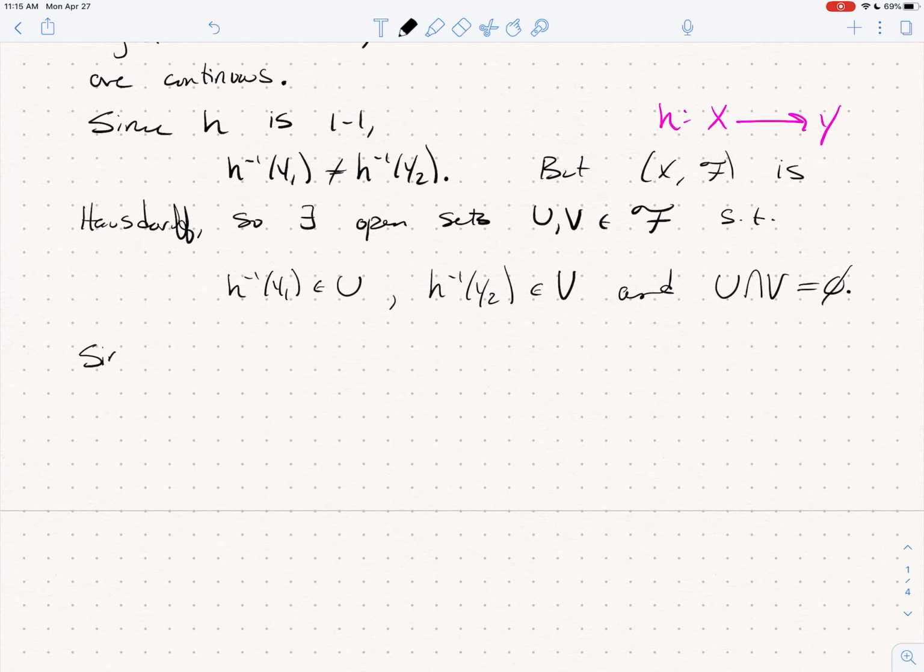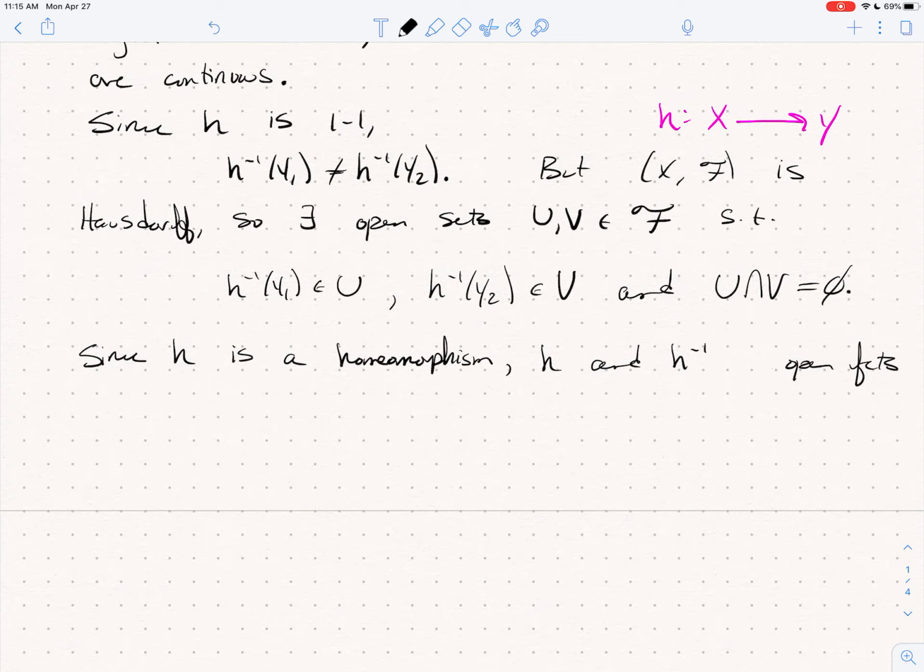Well, let's think about it. Since H is a homeomorphism, we know that H and H inverse are open functions. We talked about this briefly in the last lecture.